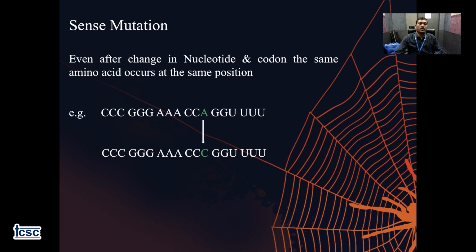For example, here the sequence is the same, CCA, but the A is converted into C after mutation. The CCA codon codes for the proline amino acid, and after the change, CCC also codes for proline.